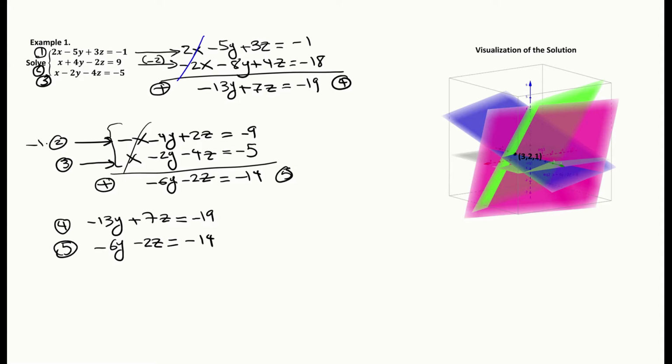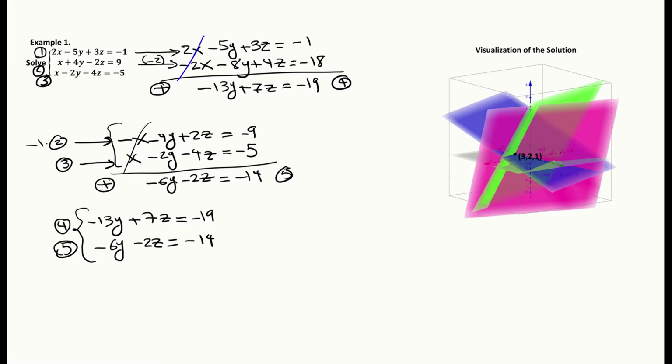Now, at this point, we're going to solve this simple system that we know how to solve. It's just a system of two linear equations in two unknowns. We covered that in the previous section.